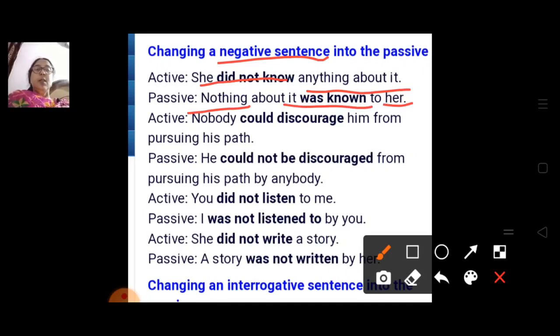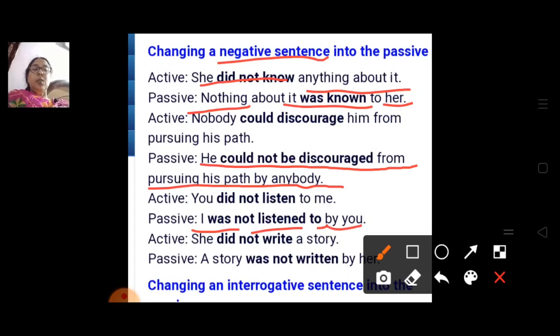Now next, nobody could discourage him from pursuing his path. He could not be discouraged from pursuing his path by anybody. Now next, you did not listen to me. I was not listened to by you. Now next, she did not write a story.